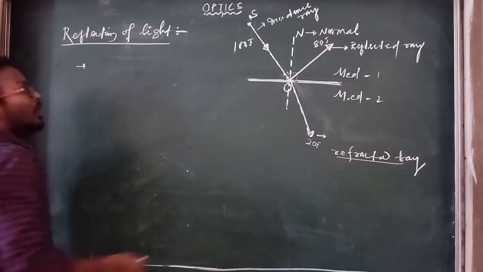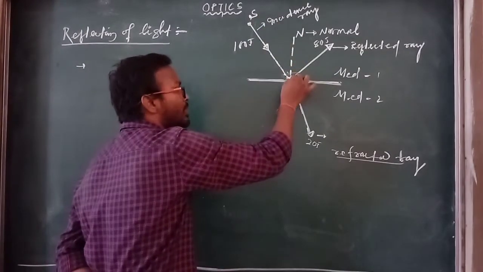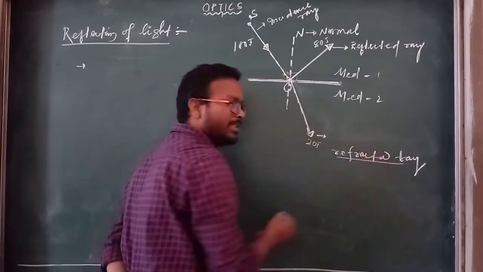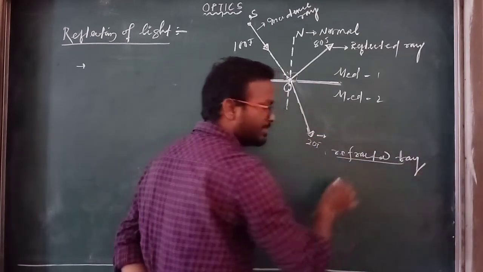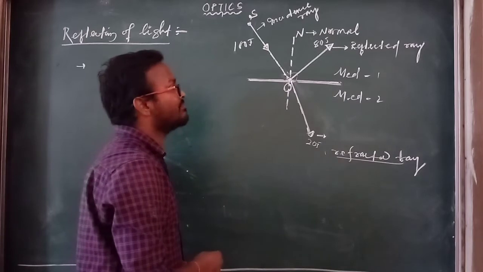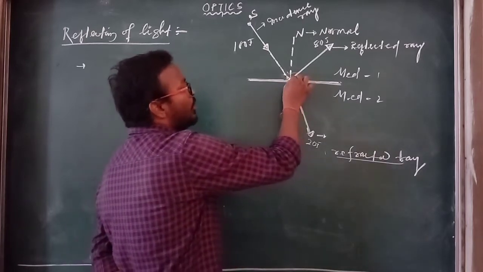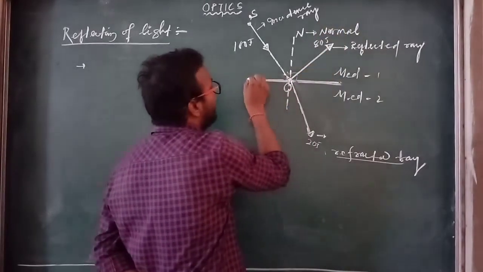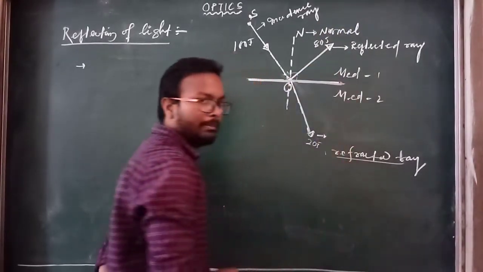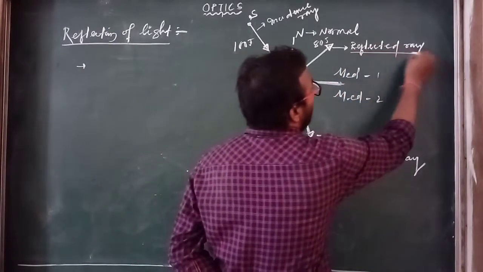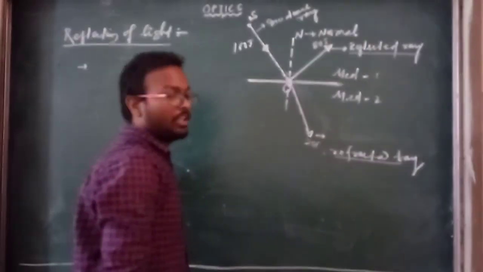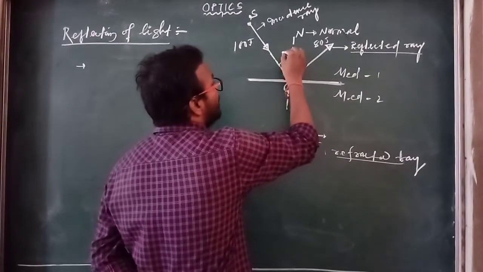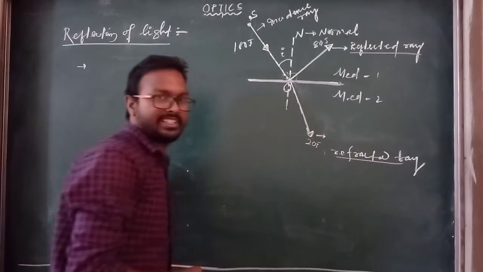When light is incident on a boundary, part of the light is transmitted to the second medium, and that ray is known as the refracted ray, and the remaining part is reflected back to the same medium from the boundary, and that is known as the reflected ray. And this angle is known as the angle of incidence.